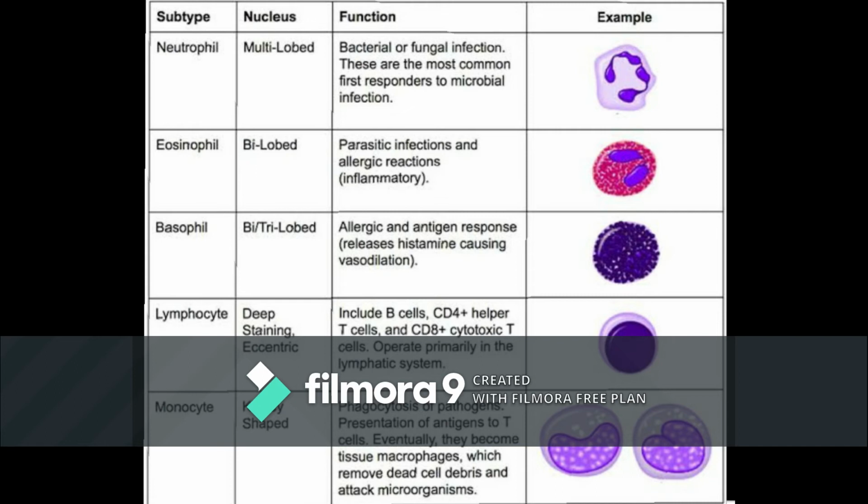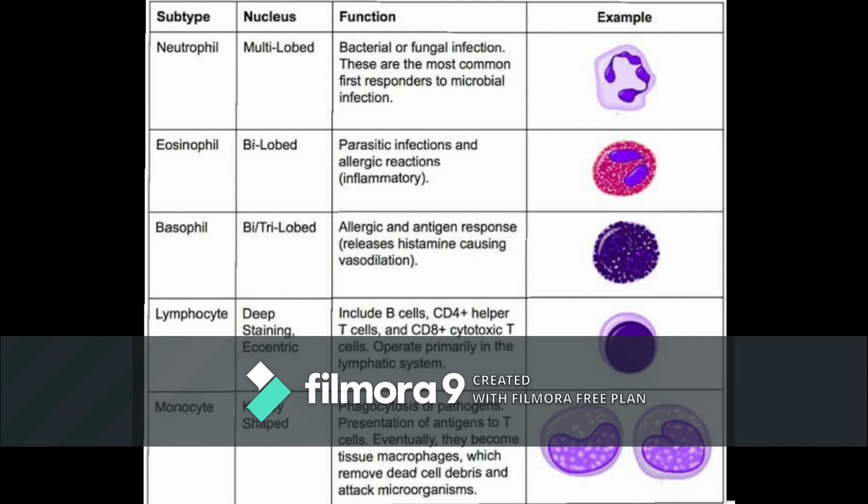Lymphocytes called B cells can produce proteins called antibodies that attach to bacteria and destroy them. T cells protect us against viruses by attacking and destroying cells in which viruses are reproducing.